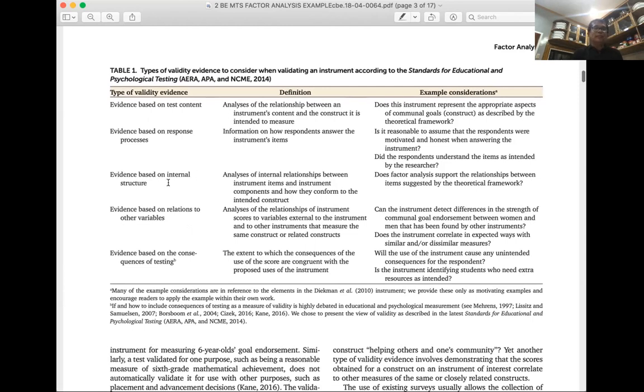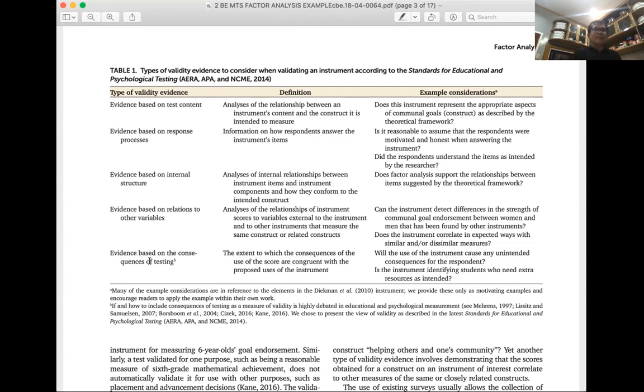Evidence based on internal structure: analysis of internal relationships between instrument items and instrument components and how they conform to the intended construct. Evidence based on relation to other variables: analysis of the relationships of instrument scores to variables external to the instrument and to other instruments that measure the same construct or related constructs.